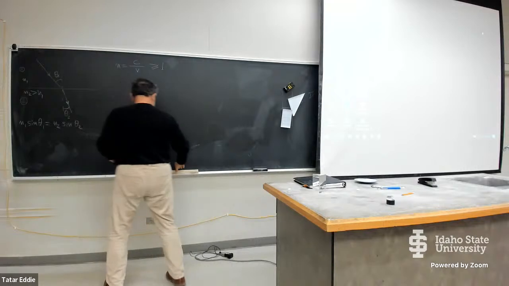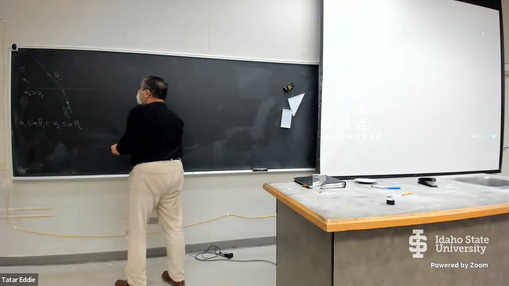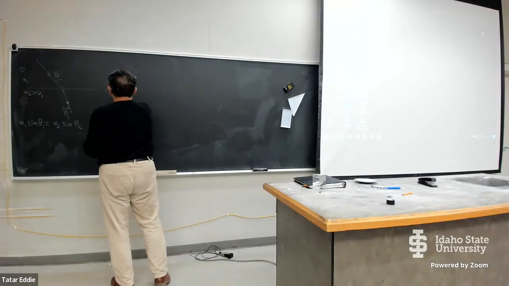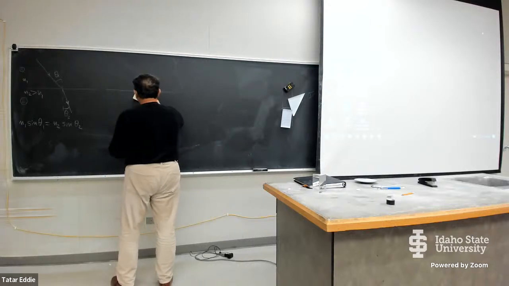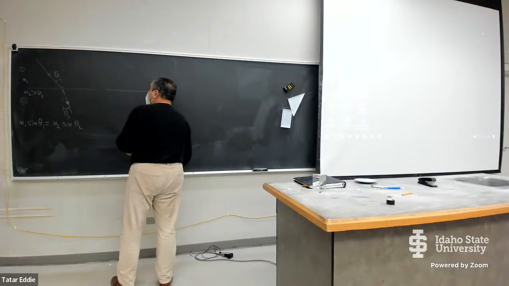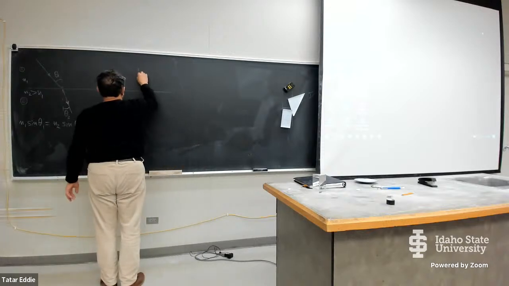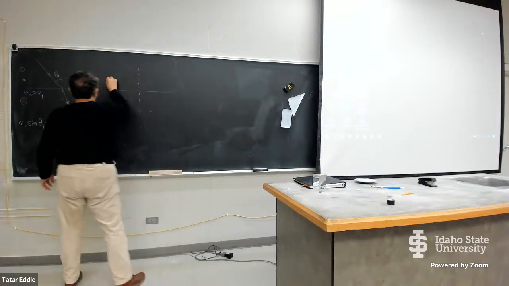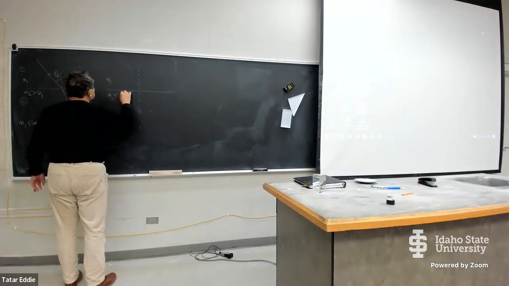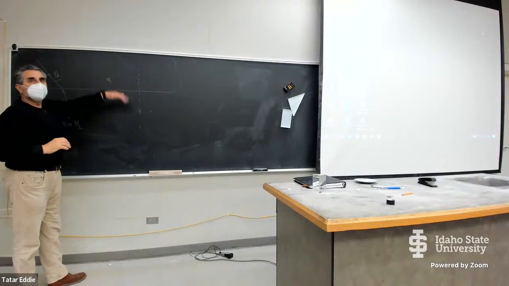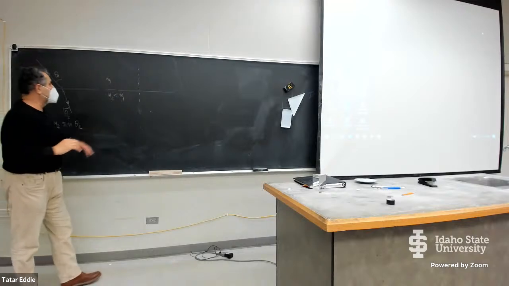In the other case, when the refracted light propagates in an optically faster medium, so now N2 is smaller than N1. The light moves faster in the second medium.